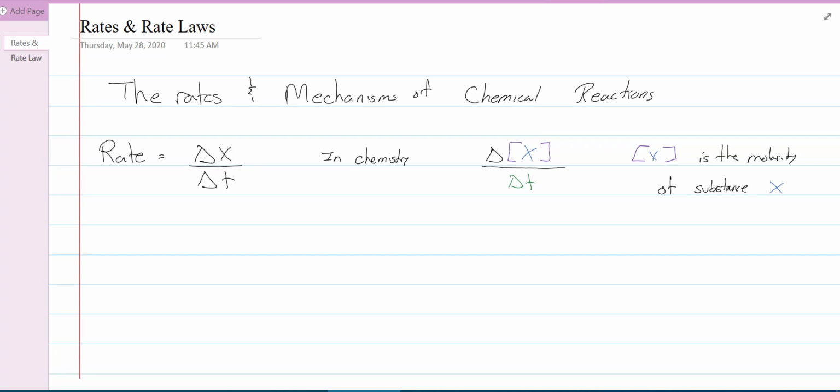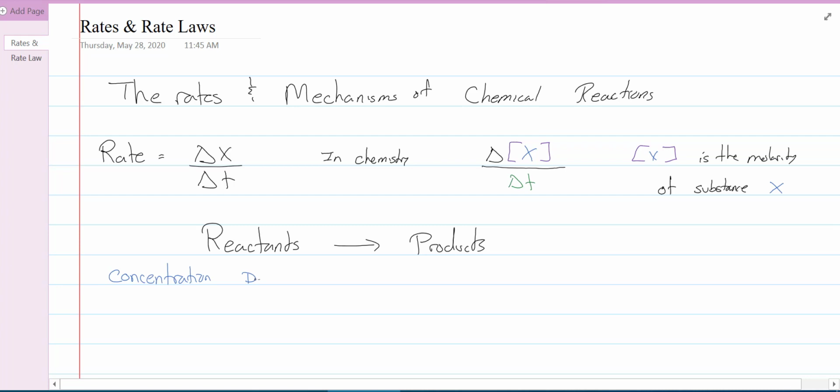So we know in a reaction we have reactants, and they go to products. Reactants react, products produce. And so for the reactants, our concentration decreases.